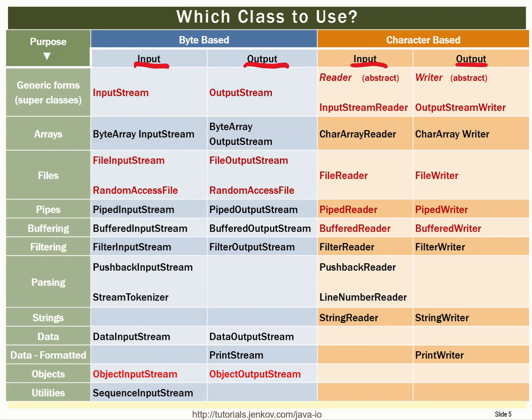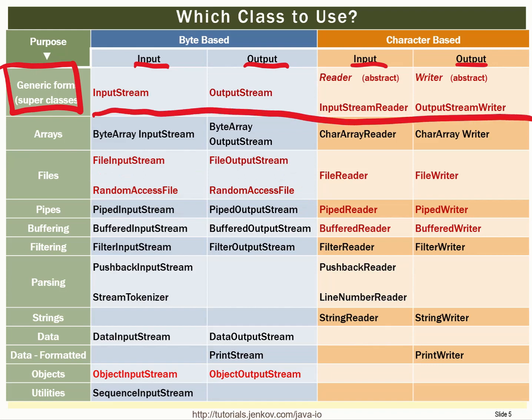The other thing to be aware of is this generic form or the superclass. We know what superclasses are, and above this line are the superclasses. And very frequently, just like you would with collections, you will declare your variable with a superclass, but you will instantiate it with a subclass.